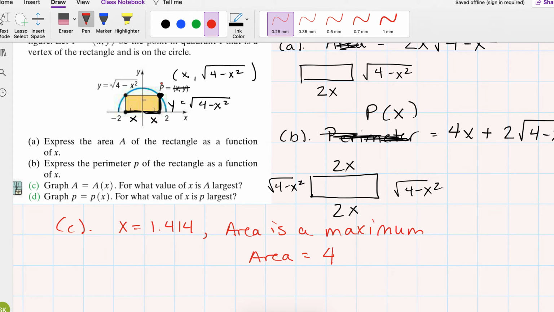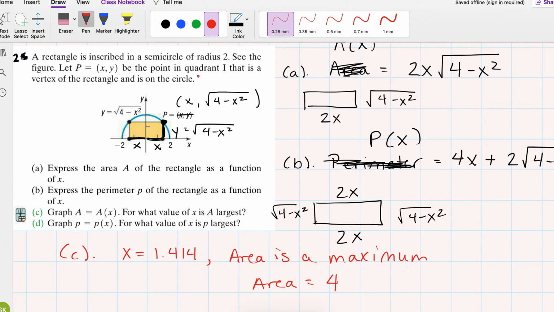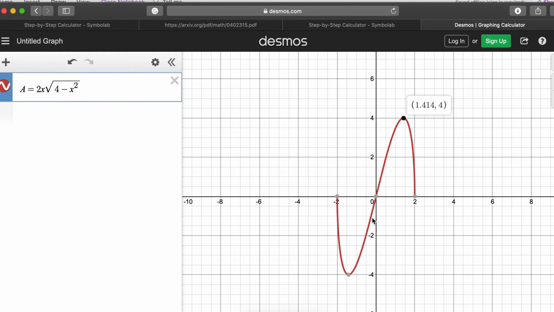Notice that we wanted this point to be in the first quadrant. So the x values that we were really looking at are from 0 to 2. And if we look back at this, anything from 0 up until 1.414, the area will be less than 4. And anything past 1.414, the area will be smaller than 4.